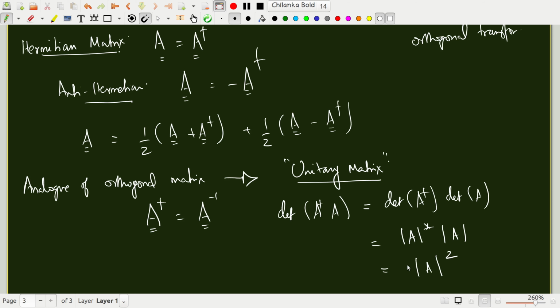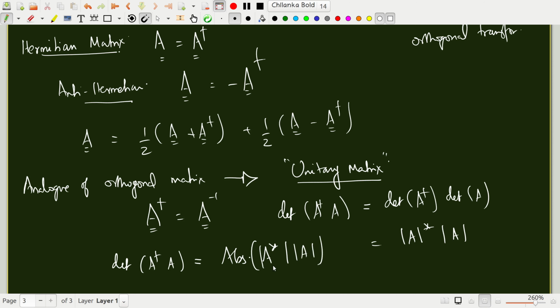So this is like a complex number. Let me write it again. The determinant of A dagger A is the absolute value of the complex number, mod A squared. That means the determinant has unit modulus. So the determinant of A has unit modulus.